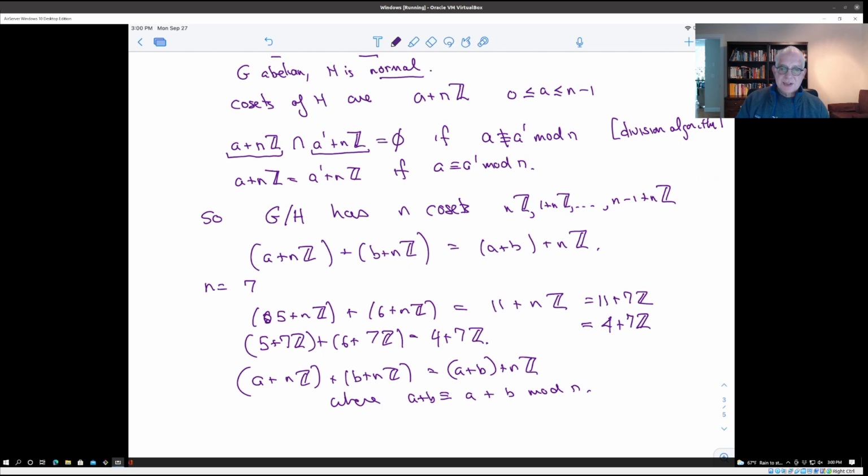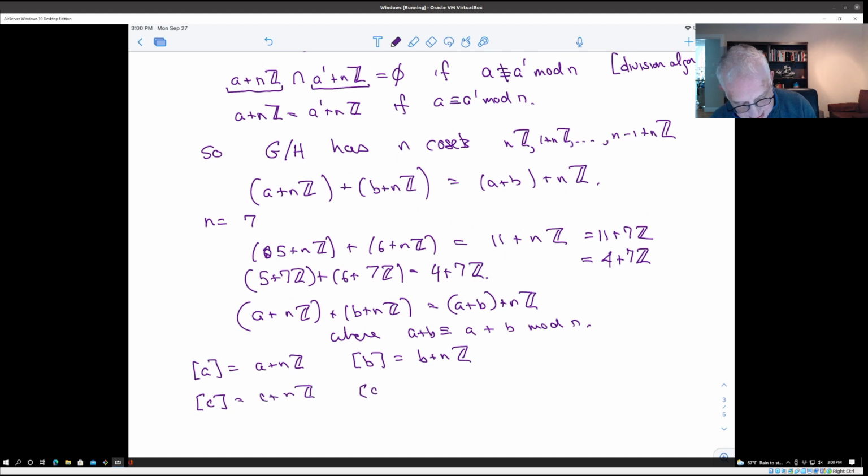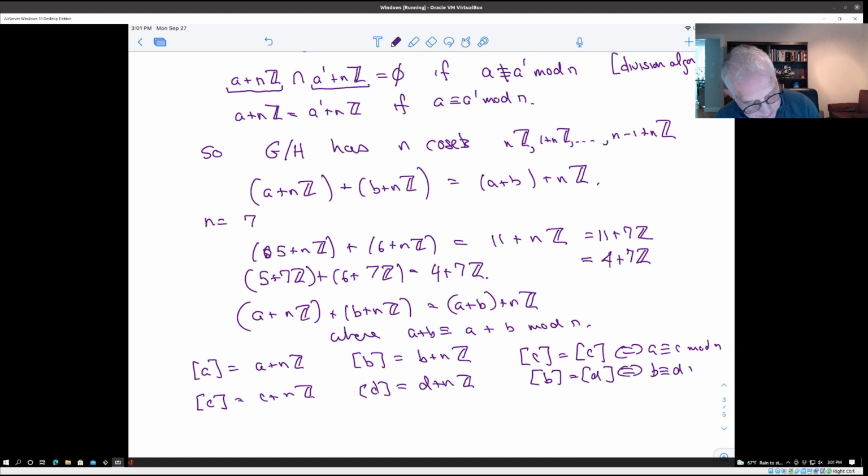And if you go way back, you will see that this check on whether this is well defined, we did that. That was the question of writing a as a plus nZ and b as b plus nZ, and c as c plus nZ and d as d plus nZ. A and c are the same if and only if a is congruent to c mod n, and b equals d if and only if b is congruent to d mod n.